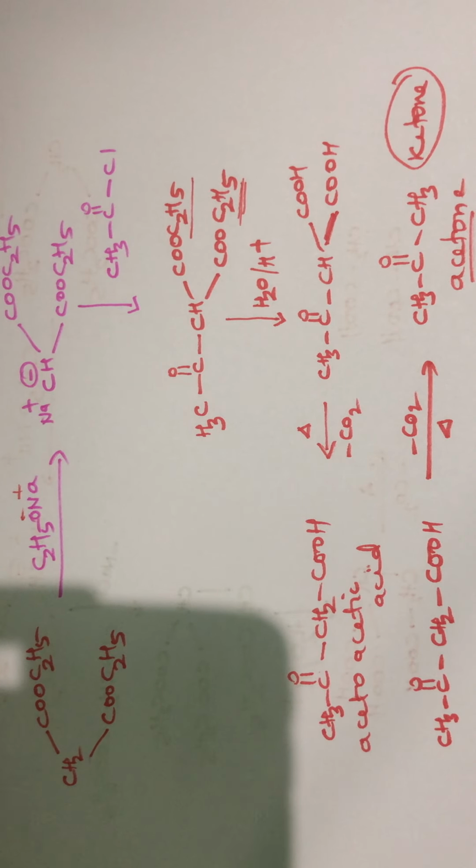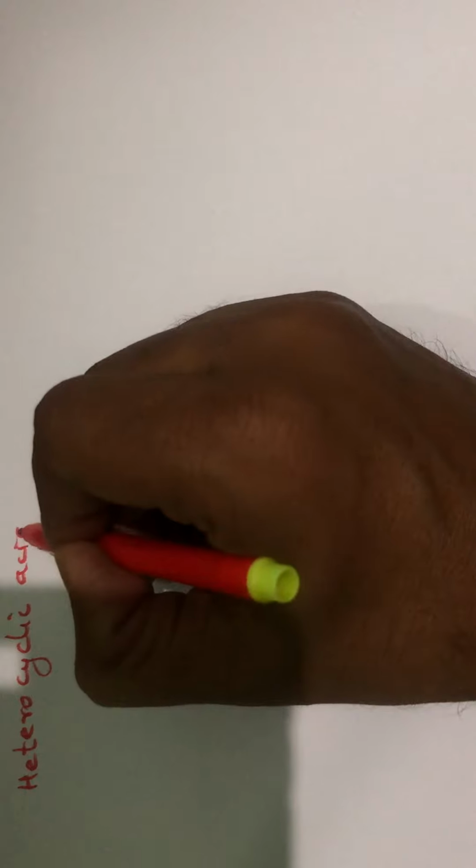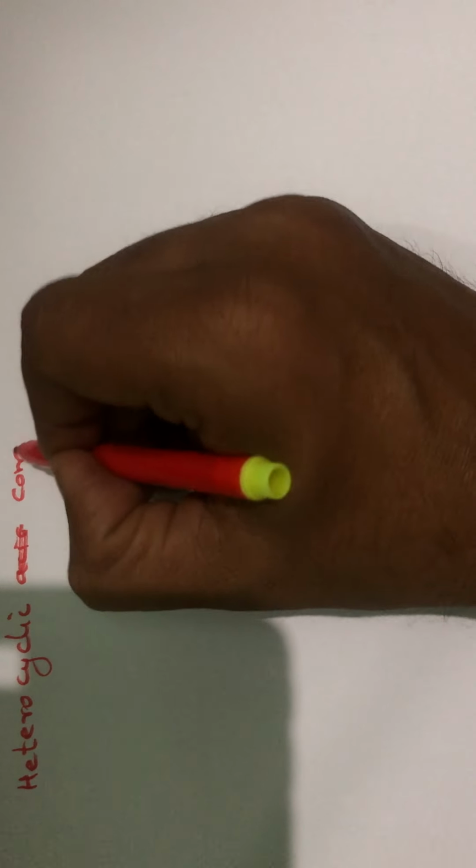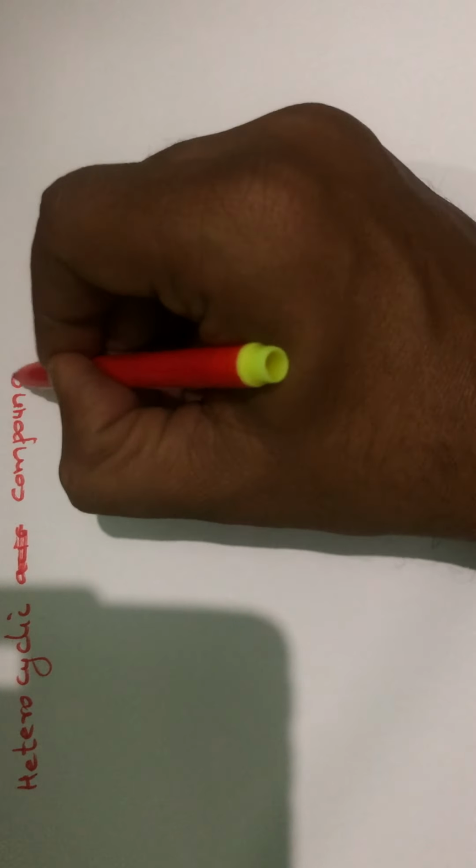So these are the applications in the preparation of acids as well as ketones. Now the last one, the application of diethyl malonate in the synthesis of heterocyclic compounds. Hope you know what heterocyclic compounds are.